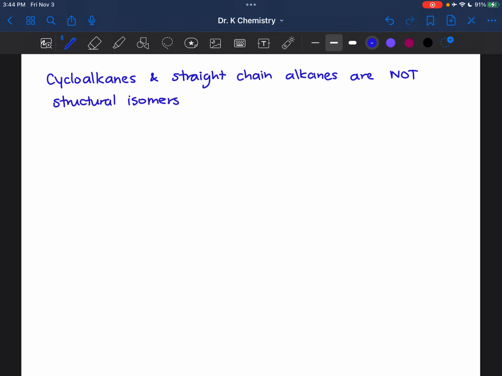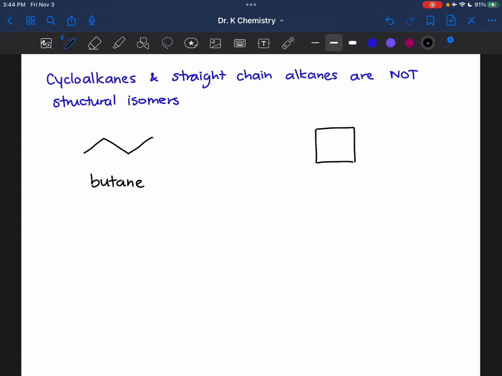And this might feel a little unintuitive, but let's take a look at what these structures look like, and we'll count the number of carbons and hydrogens and everything and prove to ourselves that these are not structural isomers. I can't draw a square. Okay, good enough. So this is just standard butane straight chain version, 4 carbons connected in a row, exactly what we're used to.